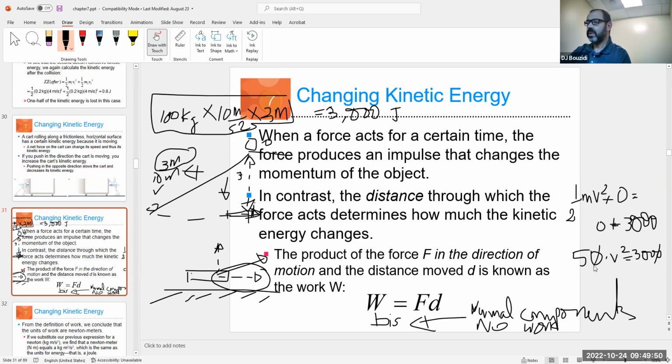Cancel one of the zeros with this 0, and 300 divided by 5 is 60, and that is v squared. So take the square root of 60, which is roughly 7 point something. Let me check exactly how much that is. Square root of 60.